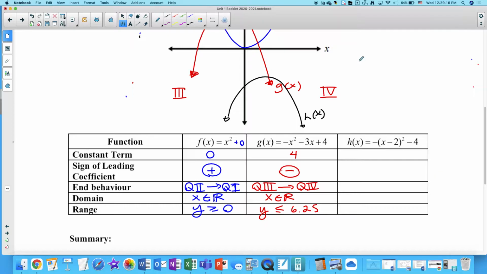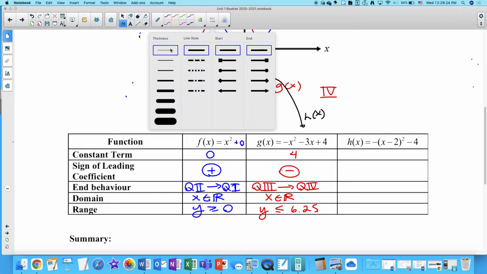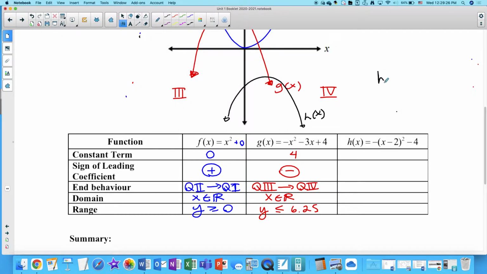Actually, I'll switch colors. So we're going to get h of x equals negative x minus 2 squared minus 4. Now, if I square that entire bracket, that is actually negative x minus 2 times x minus 2 minus 4.